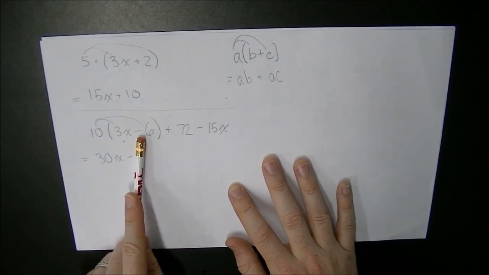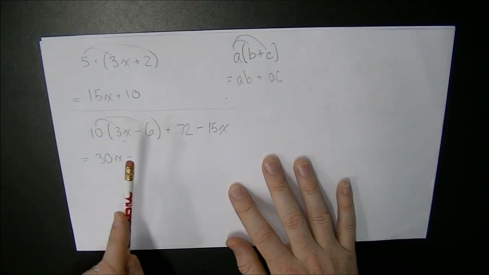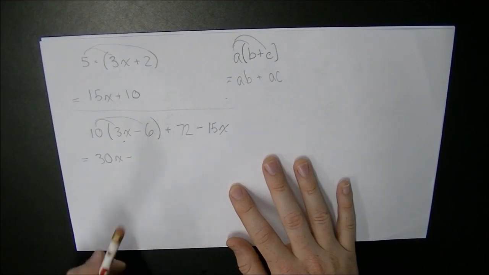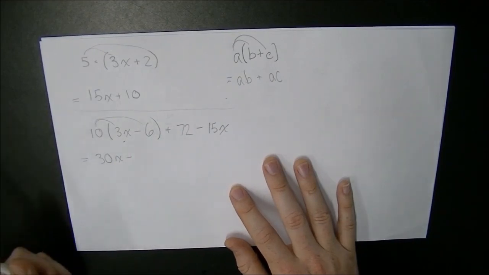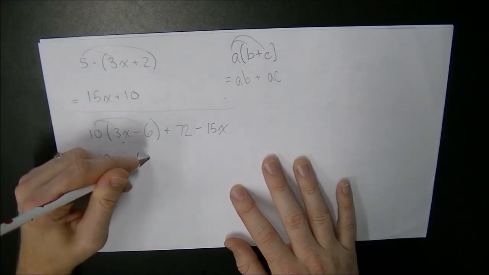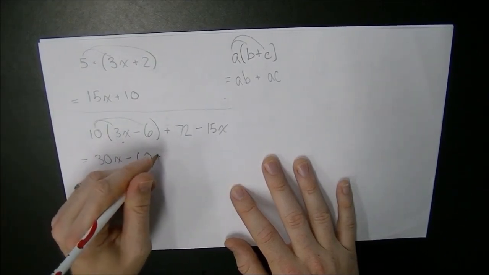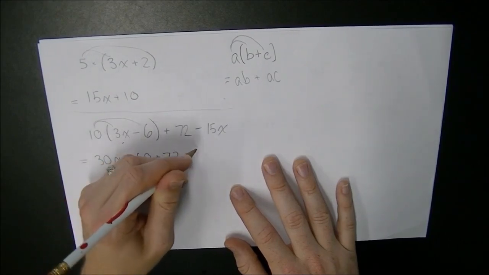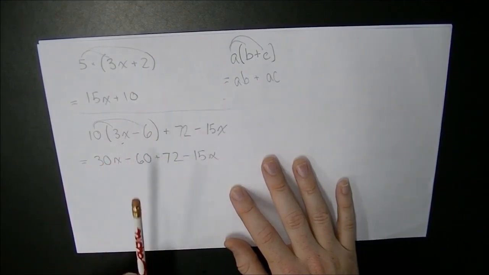When I see a subtraction, I'm just going to think of that as a negative instead, just because it makes things easier. So I'm going to think of this as 3x plus negative 6. It's the same in the end as just saying 10 times 6 is 60, and so this becomes 60. Now we have 72 minus 15x. Okay, cool.